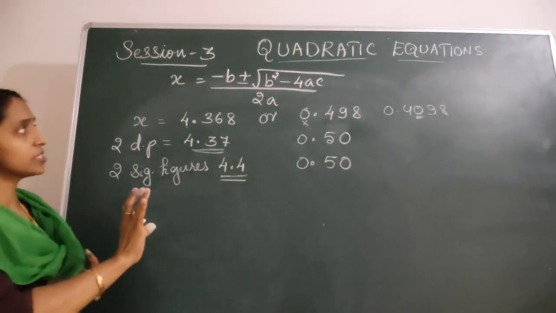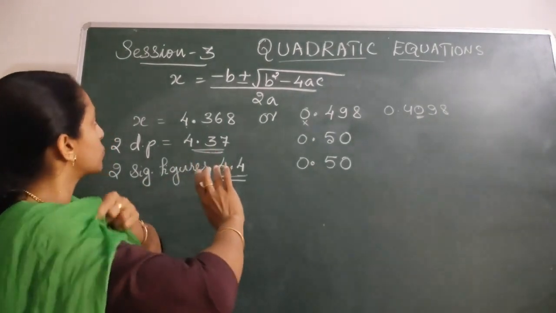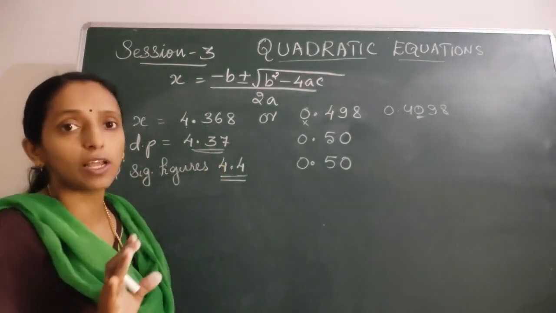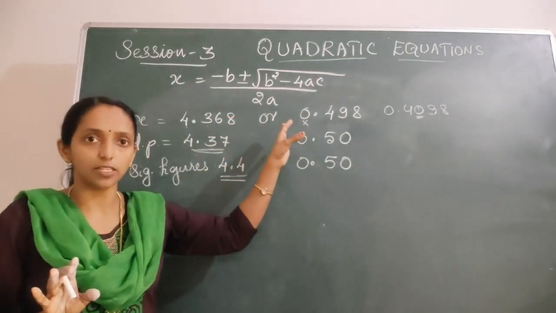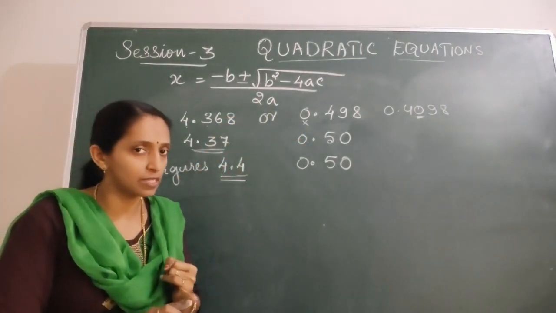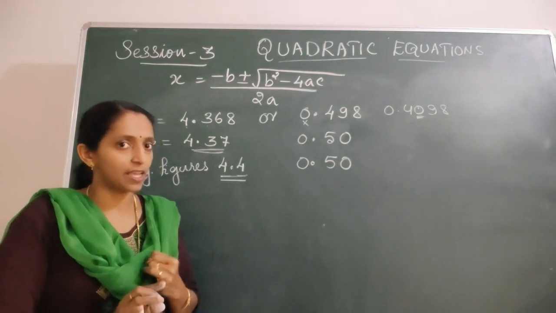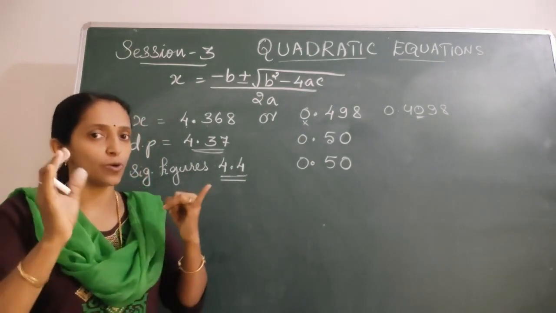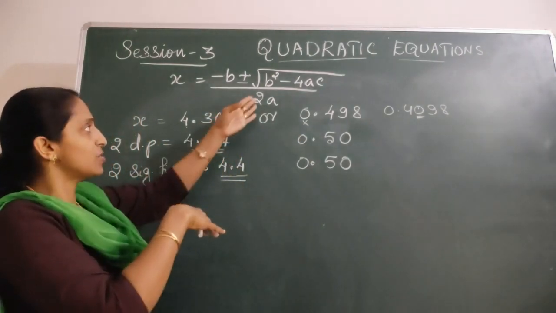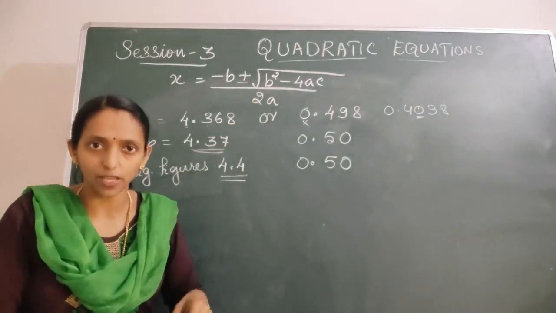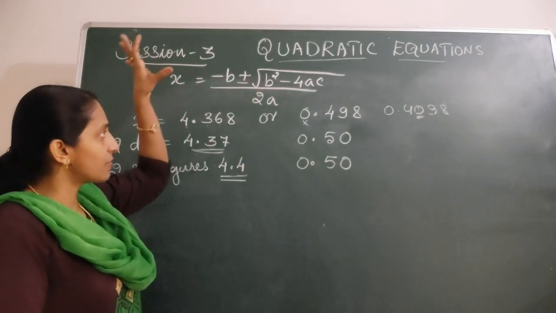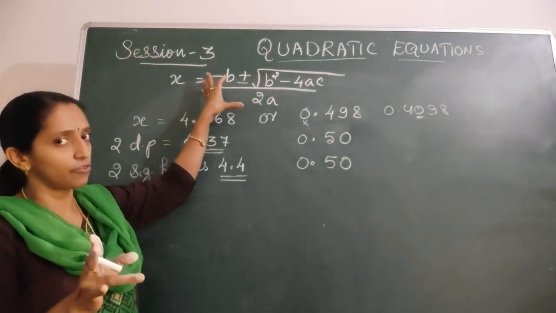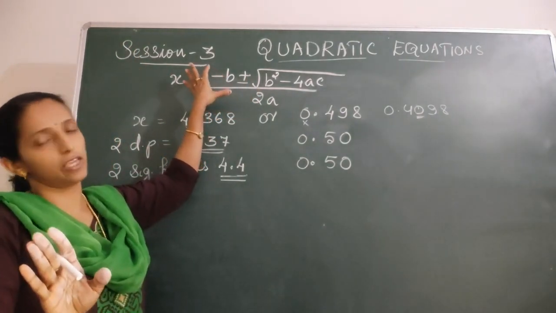So what is the procedure for calculating the roots of the quadratic equation by the formula method? First of all, you have to learn the formula perfectly. If any minus sign or plus sign is wrong, or if you have written B instead of A, everything goes wrong. So learn the formula carefully.